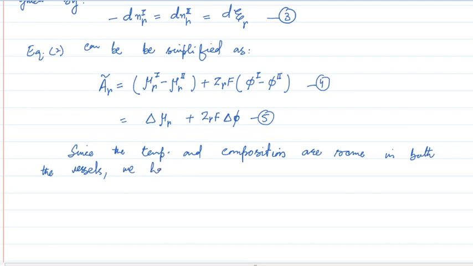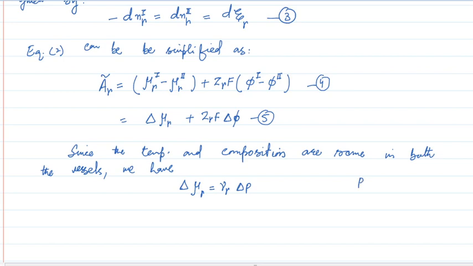This means the change in chemical potential of the gamma component will be defined simply by changing pressure. Why?